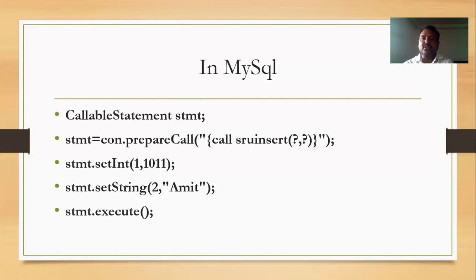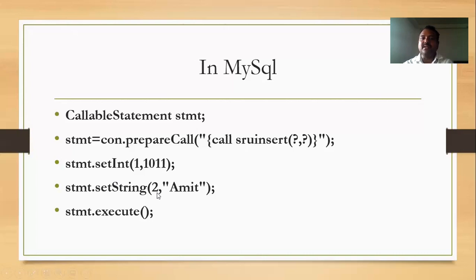So now we are going to assign some values onto your question mark. As I said, the first one will be the integer and the second one will be the string. Because it is an integer, I'll be saying setInt 1, we specify the number, and then we are going to give the value. And because I would like to store a string, I use my setString.